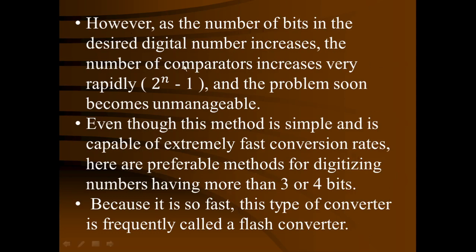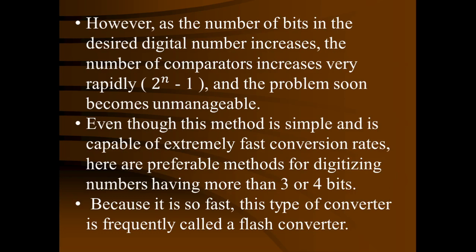However, as the number of bits in the desired digital number increases, the number of comparators increases very rapidly, and the problem soon becomes unmanageable. So now, if you are interested in better resolutions, that means you want to divide the range higher and higher, you require more comparators. Why?